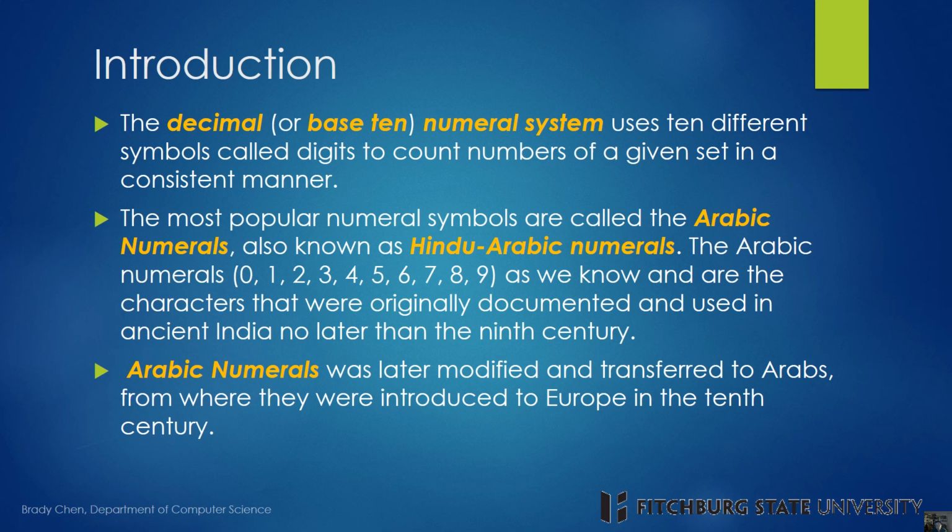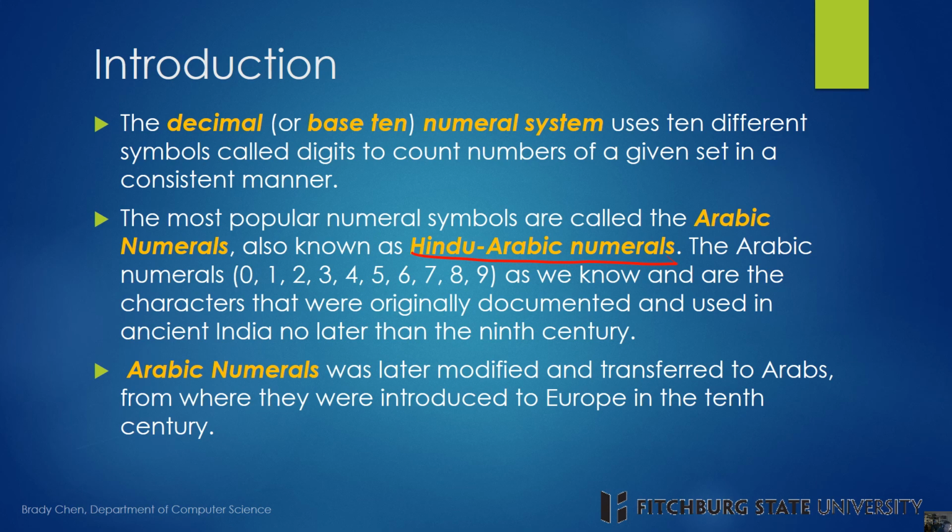Okay, so let's talk about the decimal, or base 10, numeral system. The decimal numeral system uses 10 different symbols. We call these 10 different symbols digits, to count numbers of a given set in a consistent manner. The most popular numeral systems are called Arabic numerals. Sometimes we also call these Indo-Arabic numerals.